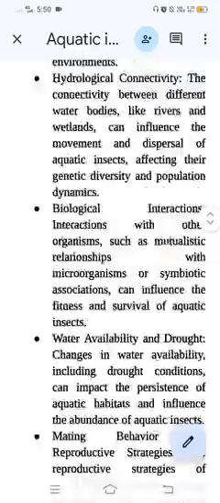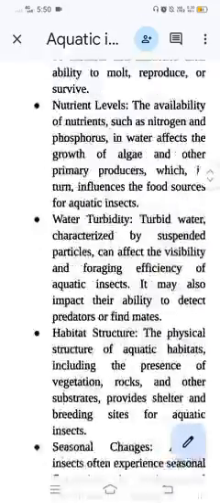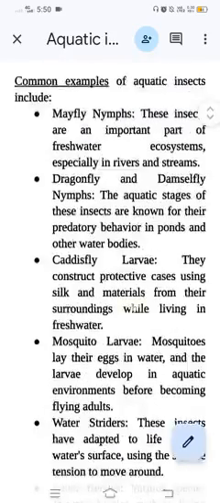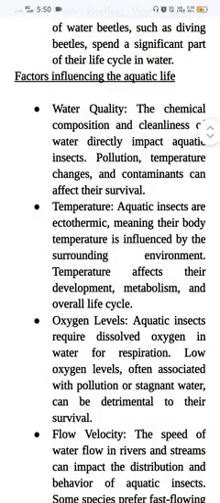So, we mentioned some important factors which influence the aquatic life of these aquatic insects. Many points were related to the water medium, some points are related to their life cycle, and some broad concepts like environmental pollution and anthropogenic actions along with climate change are also mentioned.